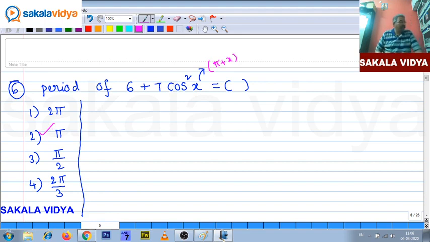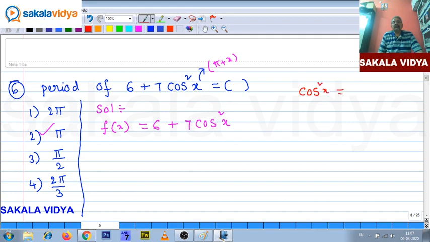Okay, but let us do it now. Solution. Say f of x is equal to 6 plus 7 cos square x. Now we need to remember the multiple and submultiple angles formula. Cos square x is equal to 1 plus cos 2x by 2. Let us substitute here.